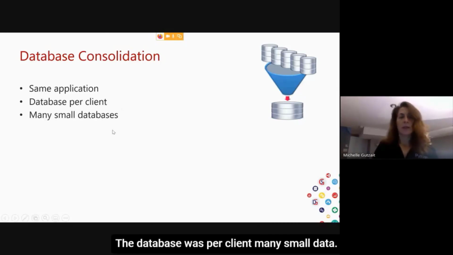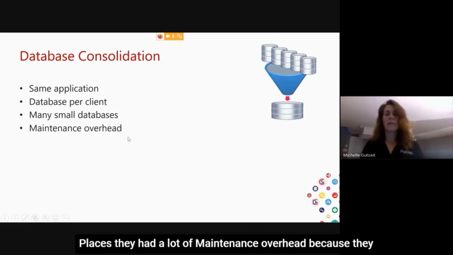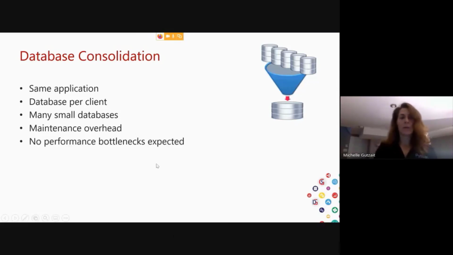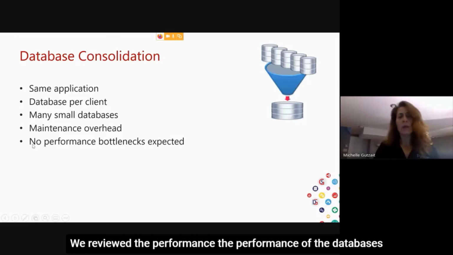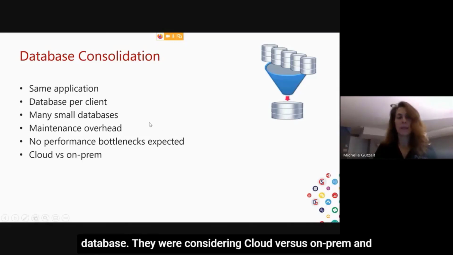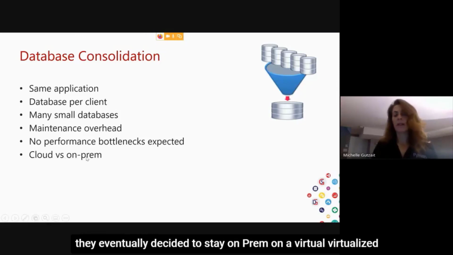The database was per client, many small databases, and they had a lot of maintenance overhead because they had to manage so many databases, and they decided that this is not the way to go. We reviewed the performance of the databases, and we decided that they can actually consolidate into one database. They were considering cloud versus on-prem, and they eventually decided to stay on-prem on a virtualized environment.